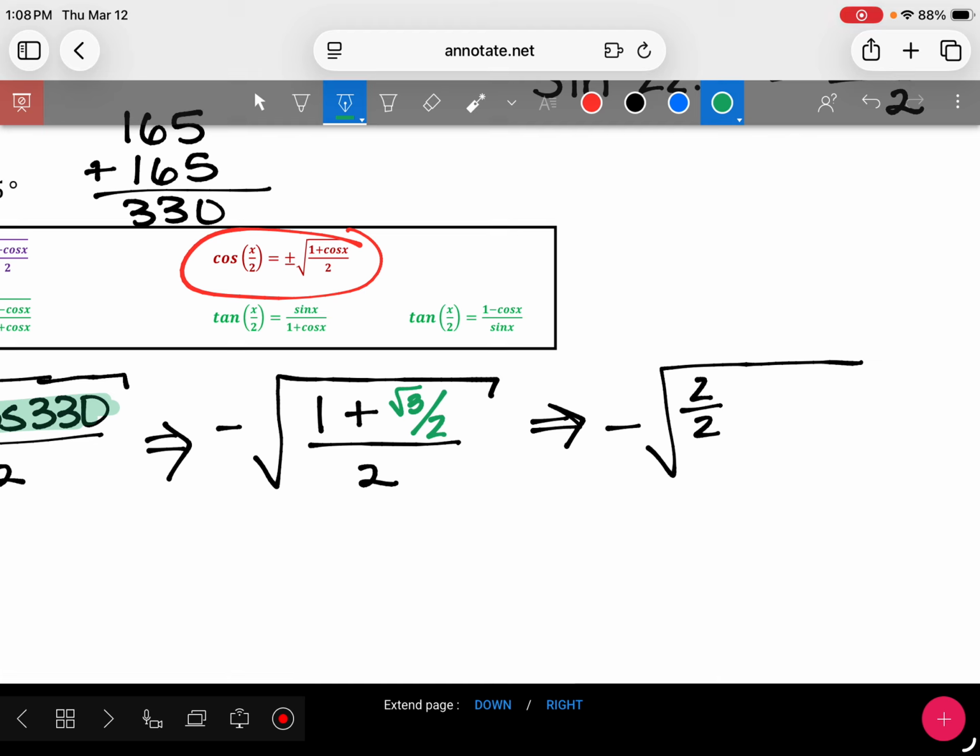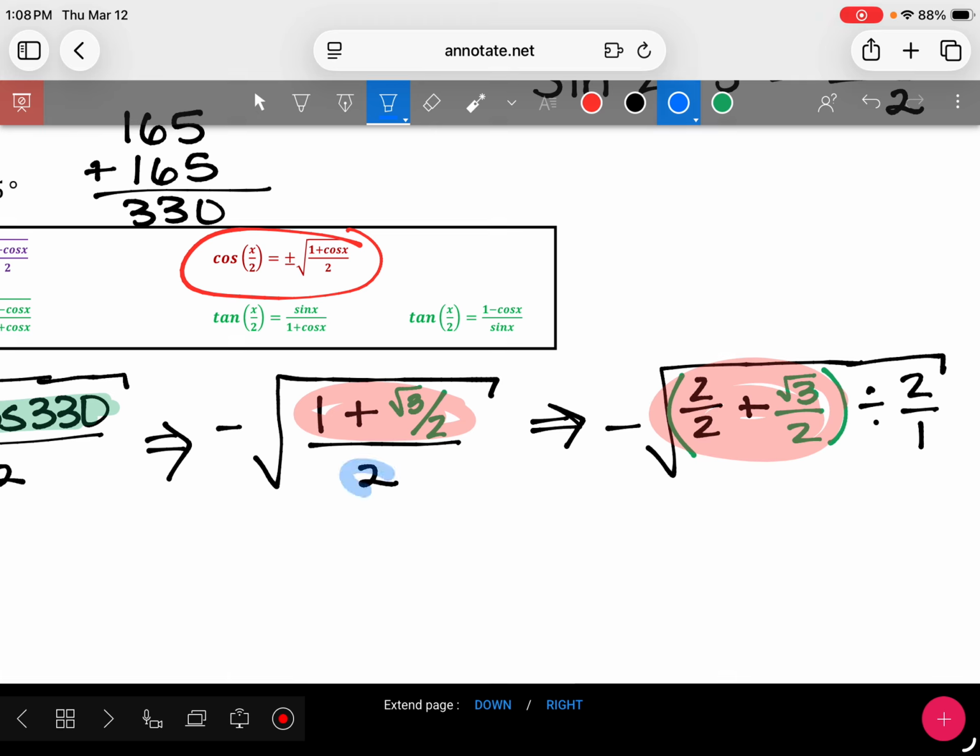So we got 2 over 2 plus root 3 over 2. And then I'm going to separate this and divide that by 2 over 1. Does everybody see what I did there? So this is my numerator in this first parentheses.